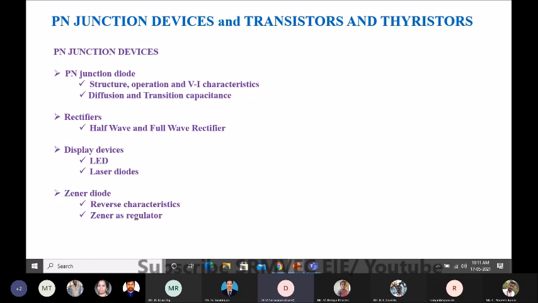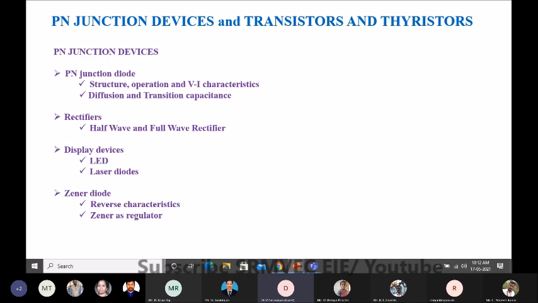Next we go to rectifiers, under that operation and waveforms. Then we move to display devices, and in particular we will see the working principles of LED and laser diode. And last we move to the Zener diode, its reverse characteristics and the Zener as a regulator. So these are the topics we will be seeing.